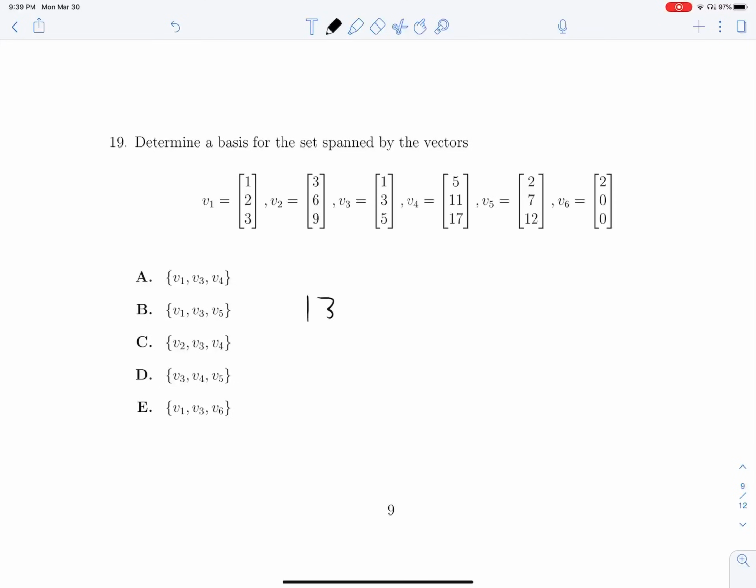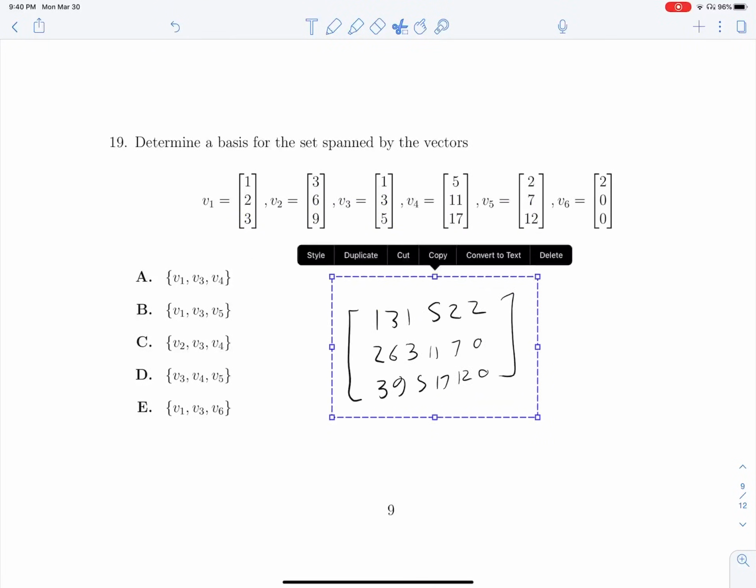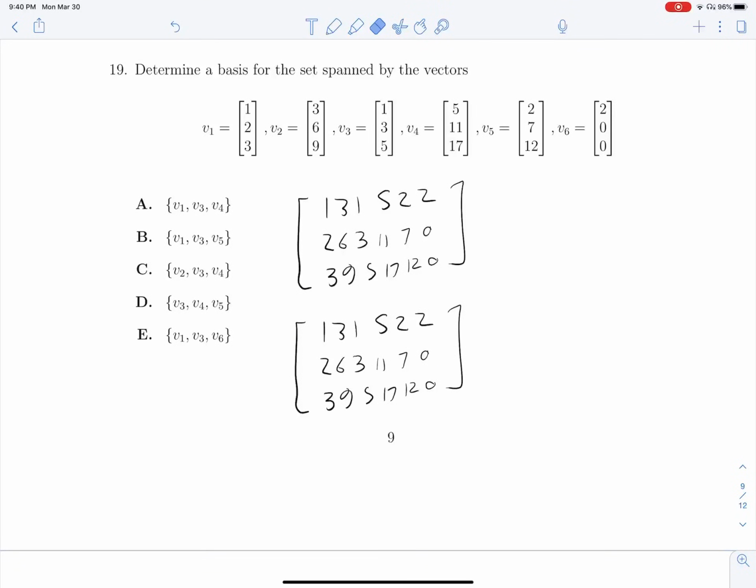So let's do that. 1, 3, 1, 5, 2, 2, 2, 6, 3, 11, 7, 0, 3, 9, 5, 17, 12, 0. This looks like it's going to be a lot of fun to deal with. I didn't want to make it bigger. Let's duplicate and get to work. Let's subtract 2 row 1s from row 2. 0, 0, 1, 1, 3, -4.